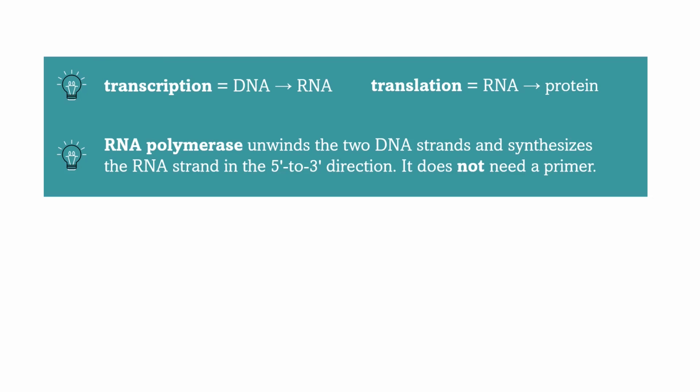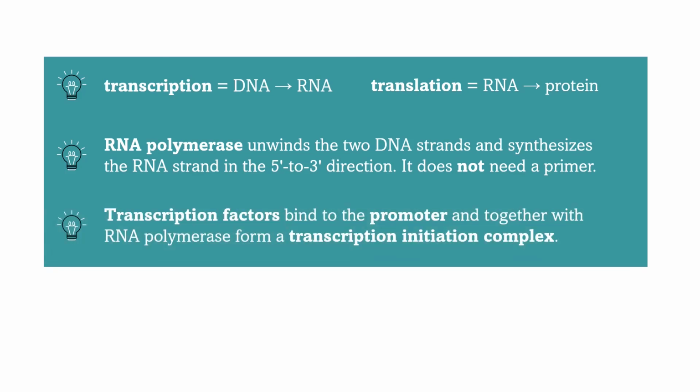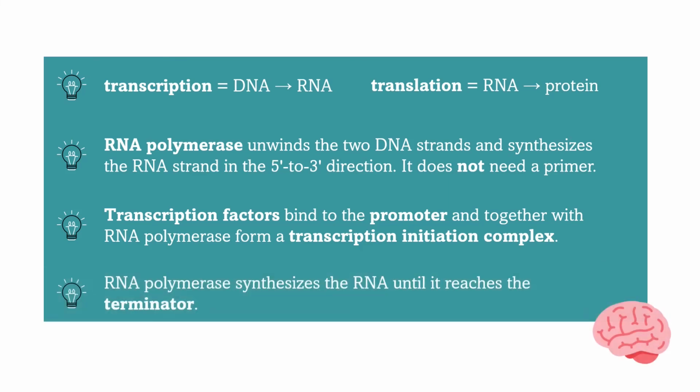And it doesn't require a primer. However, it needs transcription factors, which bind to a promoter, and together with RNA polymerase, they form a transcription initiation complex, and transcription can start. RNA polymerase then synthesizes the new RNA molecule until it reaches the terminator.